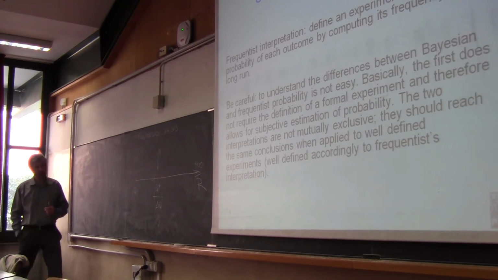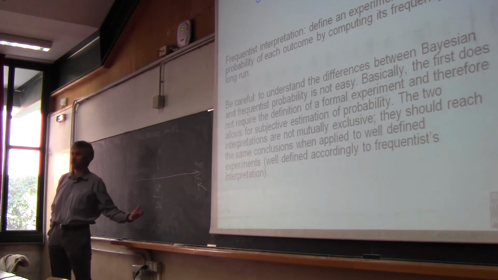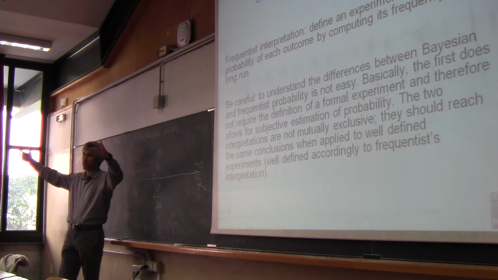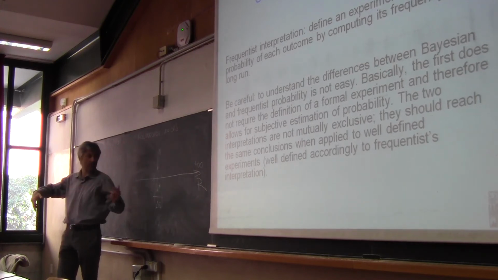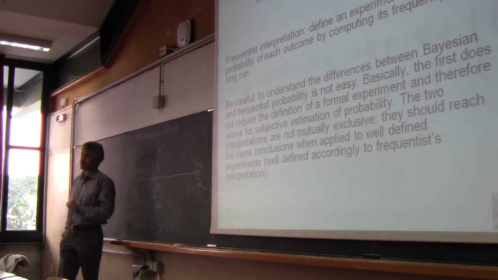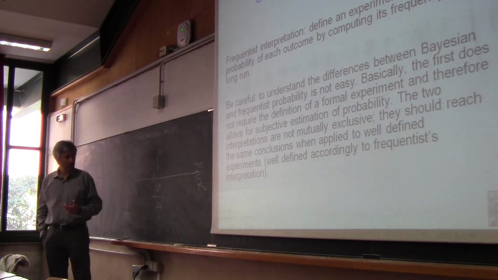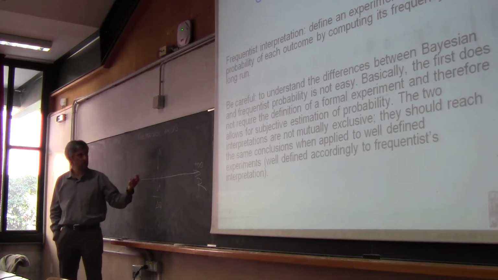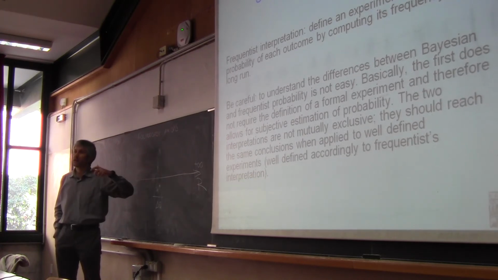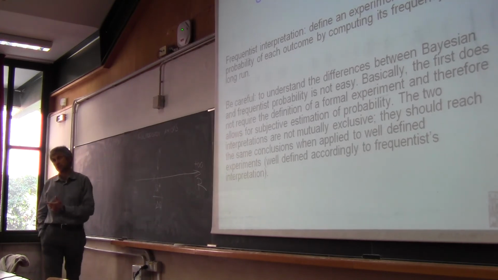And of course, the number of times that it falls inside here depends on the size of delta q. If delta q is large, you get a huge number falling into it. If delta q is very small, the number decreases. And so, of course, we cannot accept such a definition, because we cannot say that the probability of getting q star is equal to n, and that's it, because n depends on delta q. So we cannot accept such a definition.